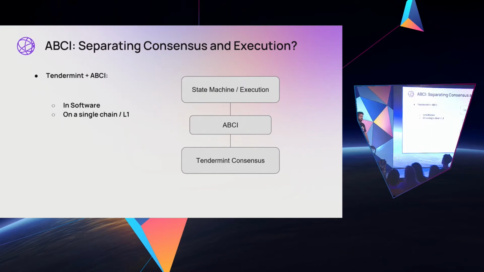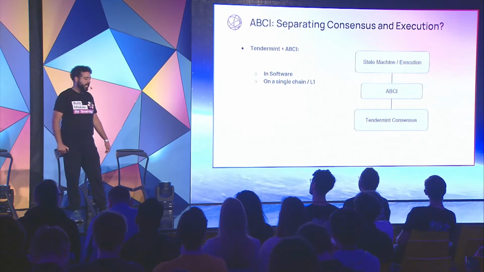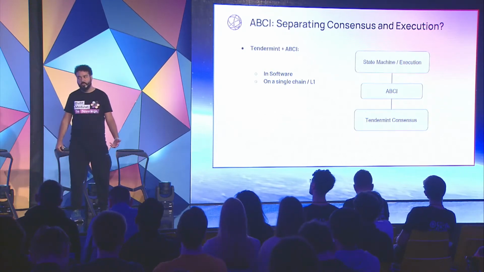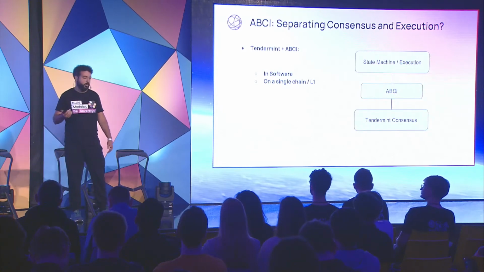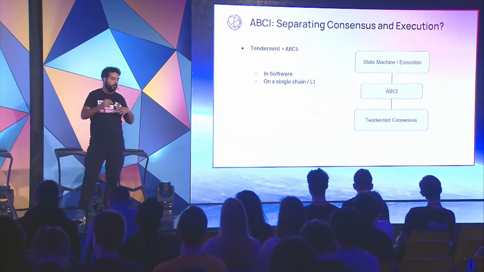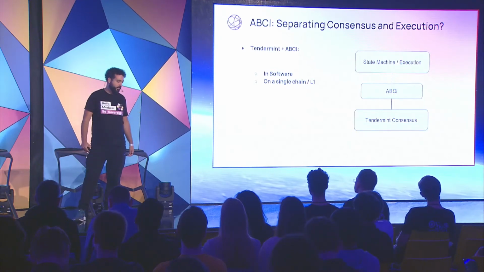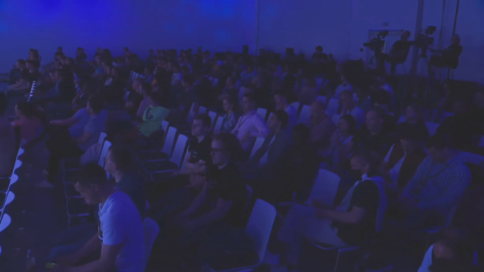You have Tendermint, the consensus engine, and on top of that, communicating via ABCI, the state machine and the execution engine. Usually a Cosmos SDK app, but it could be anything. There are also applications that run on Haskell, for example. You have a rich set of execution environments, and that's only because of that simple abstraction and separation of concerns in software on one chain.